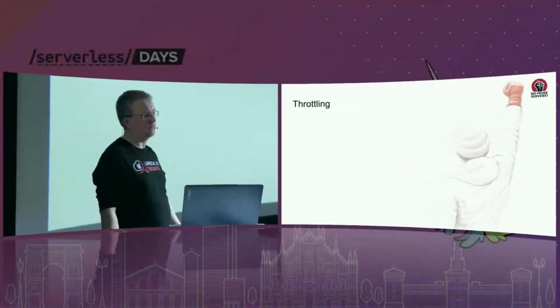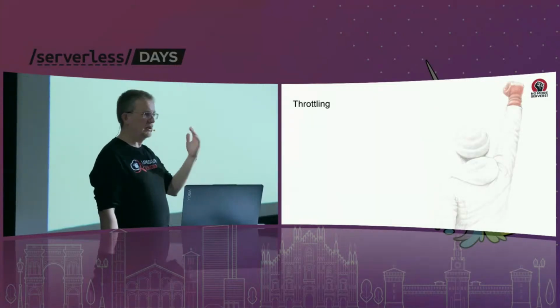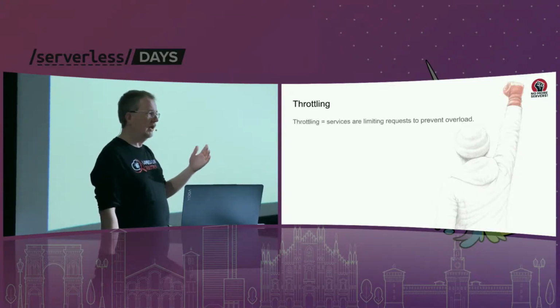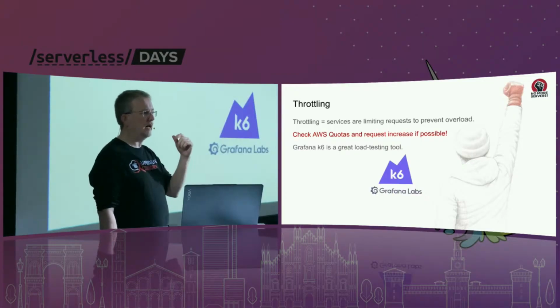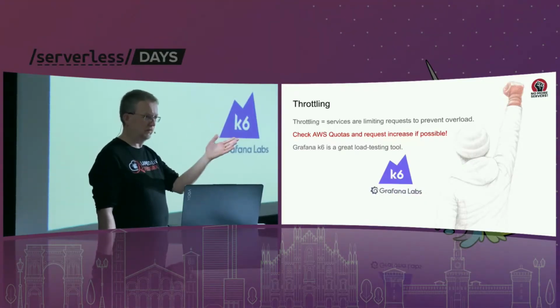The easiest way to lose your data is by overloading your system. Every system has its limits, and if you exceed them, the system will throttle. Some of the limits you can raise by sending requests to AWS support, but it's really hard to figure out which one you might exceed.